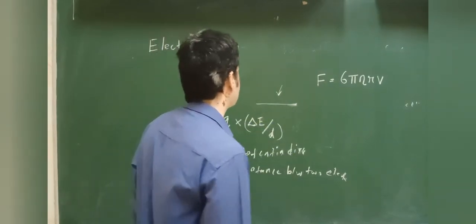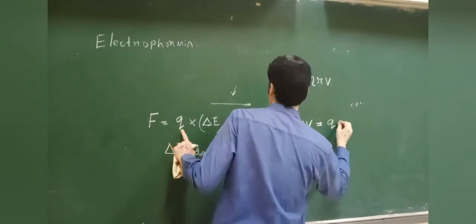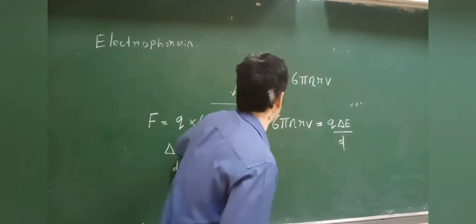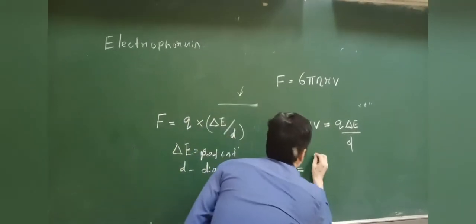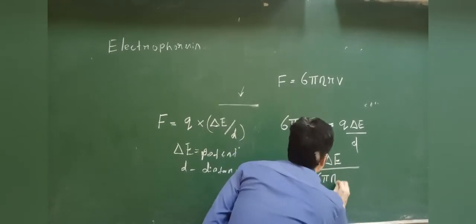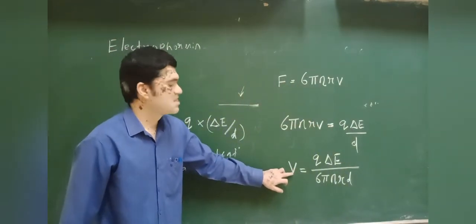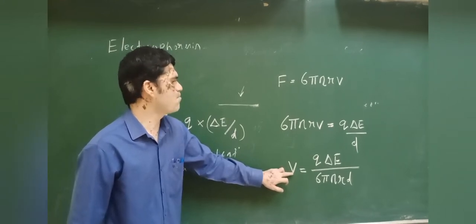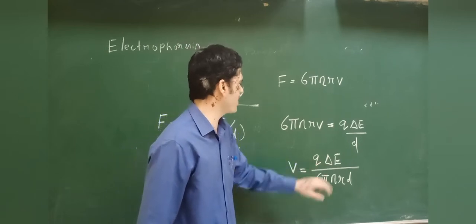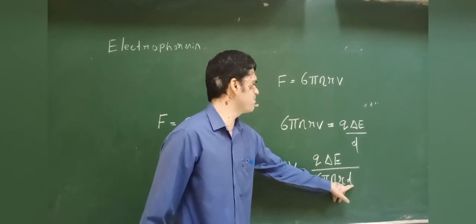So therefore, what we can write is 6 pi neta RV is equal to, at equilibrium, Q delta E divided by D. And by rearranging this equation, we find that V is equal to Q delta E divided by 6 pi neta R D. So from this equation we can observe that the velocity with which the molecule is migrating is directly proportional to the charge on the molecule and the potential difference, and inversely proportional to the viscosity of the medium, the radius of the molecule, and the distance between the two electrodes.